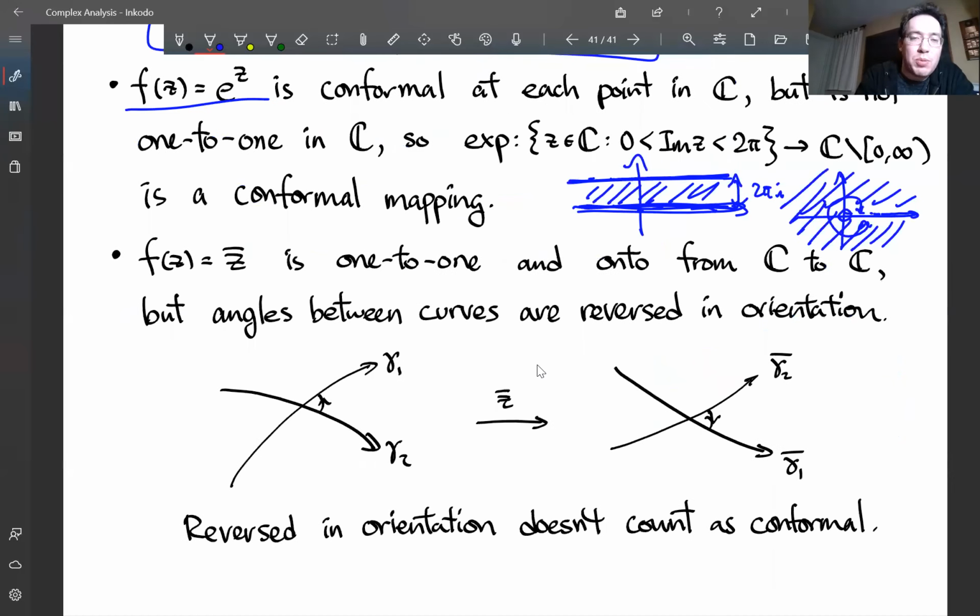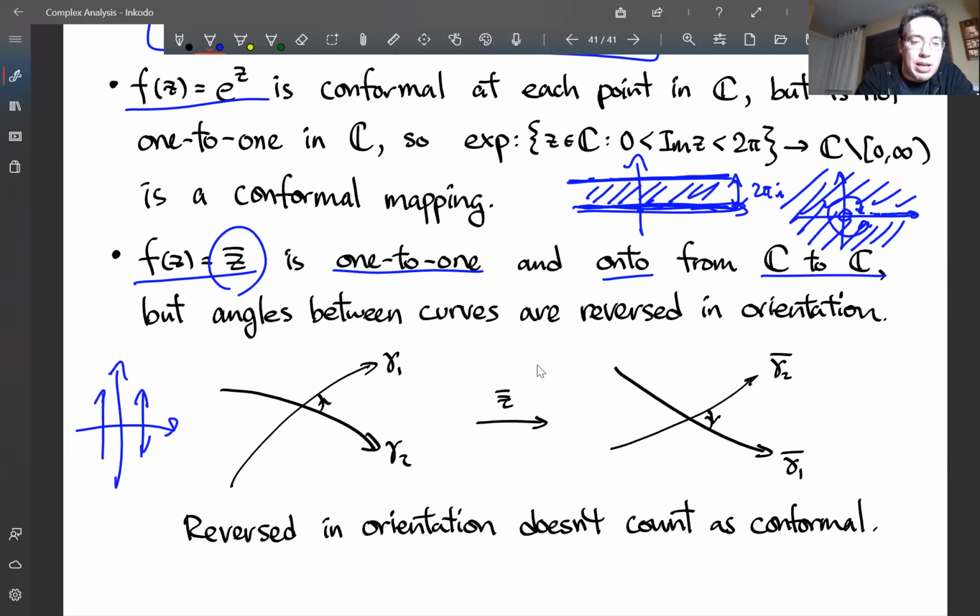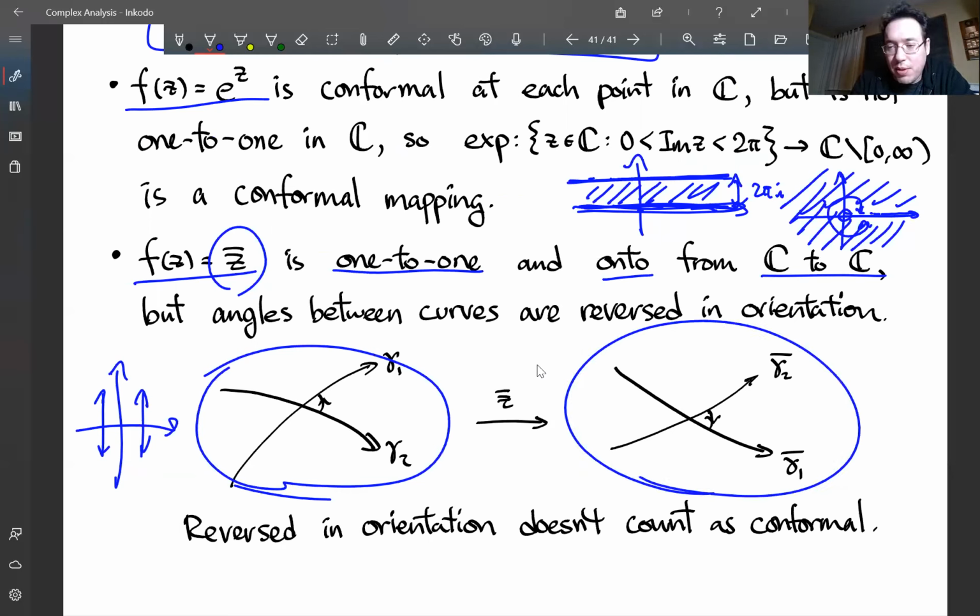One last comment, which I kind of already mentioned earlier, is that the orientation does matter. So the complex conjugate function z bar is one-to-one, and it is onto from C to C. Basically, what it does is it takes everything above the real axis and flips it to below the real axis and vice versa. If you have two curves there, you'll just get a vertical reflection of those curves in the image.